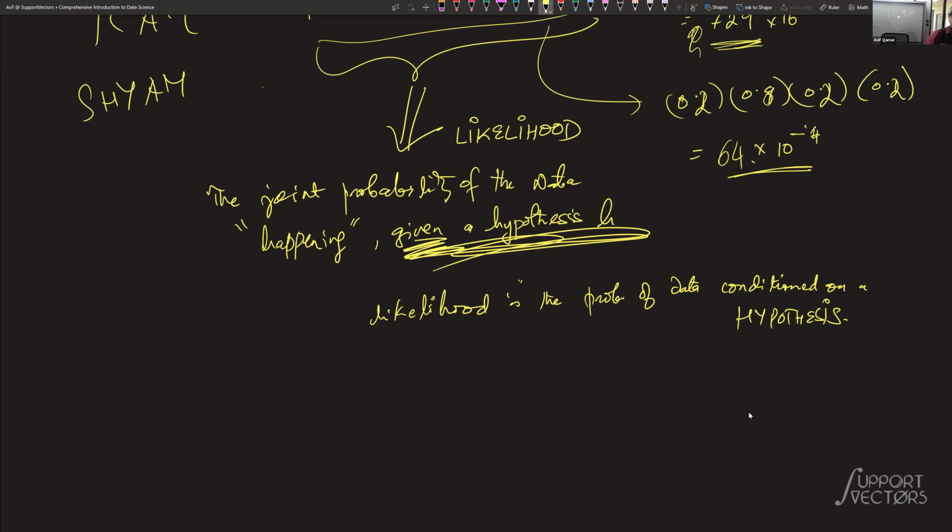But how are hypotheses in regression and classification given? In the case of linear regression and logistic regression, our hypothesis is parameterized by beta 1, beta 2, beta 3, etc. The betas, isn't it? Now let me show you some interesting magic.